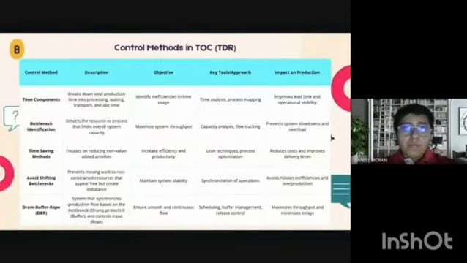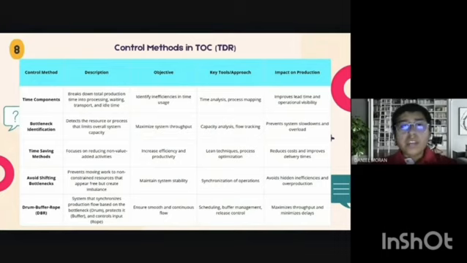Now, moving on to how we manage and optimize these complex environments, let's look at the control methods in TOC, Theory of Constraints. This table outlines the primary control methods to maximize our system throughput.